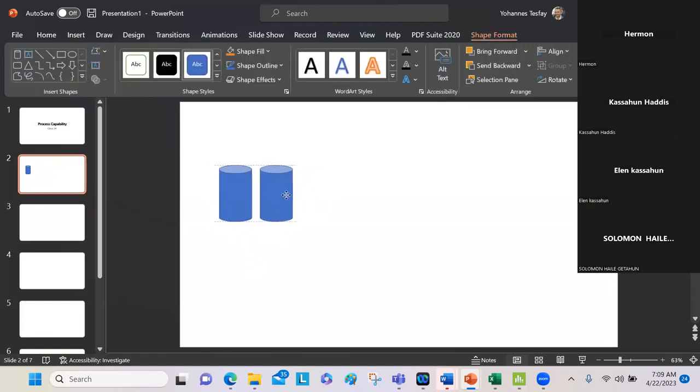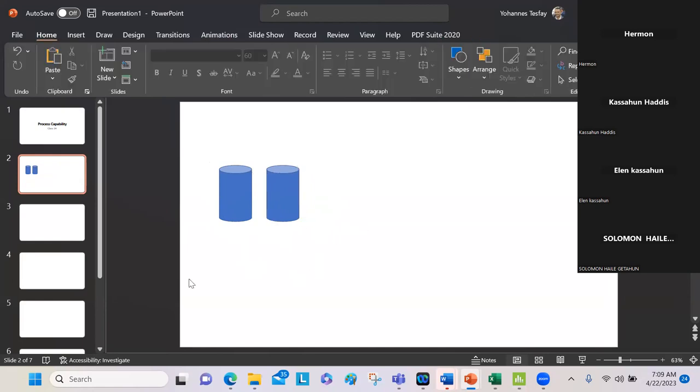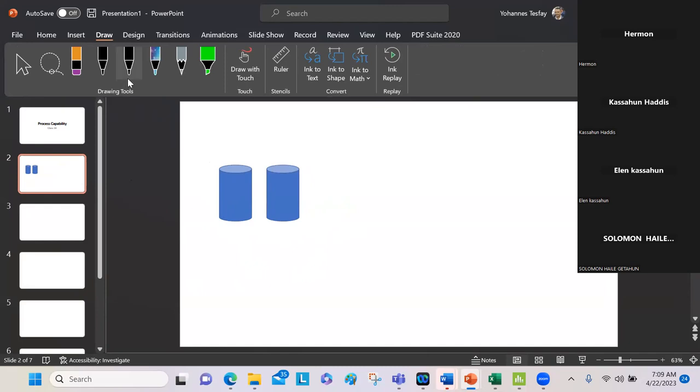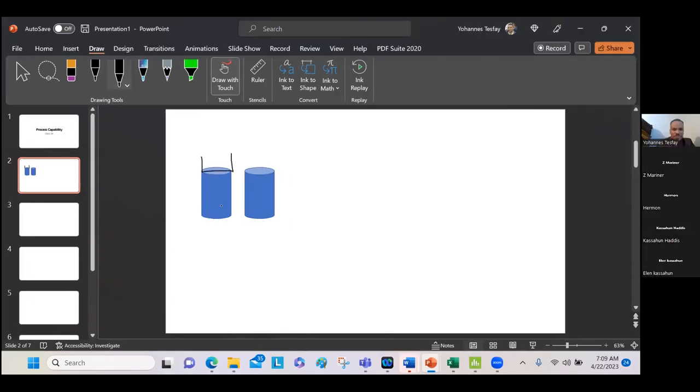If you produce two cylinders in a production area, are they identically true in all the dimensions? Suppose from here to here, that's a diameter. This is diameter phi, okay? From here to here, that is the overall height.